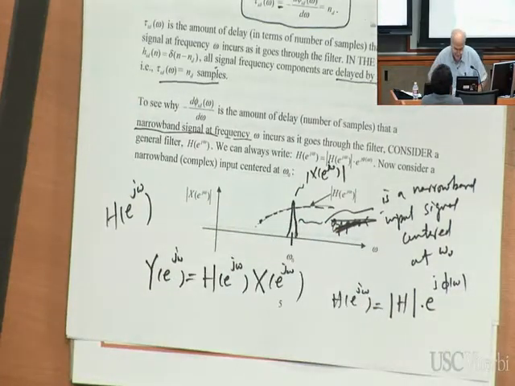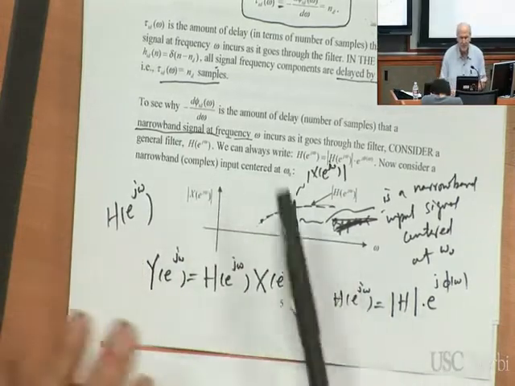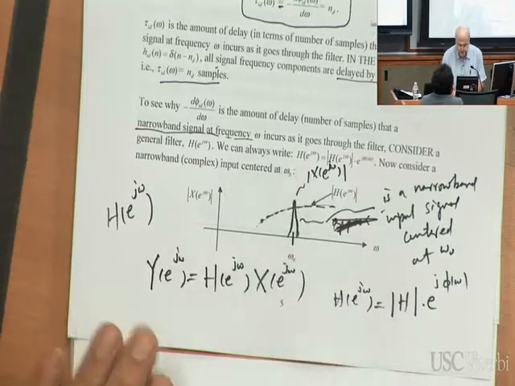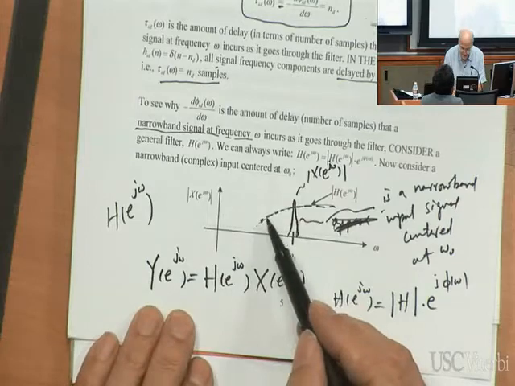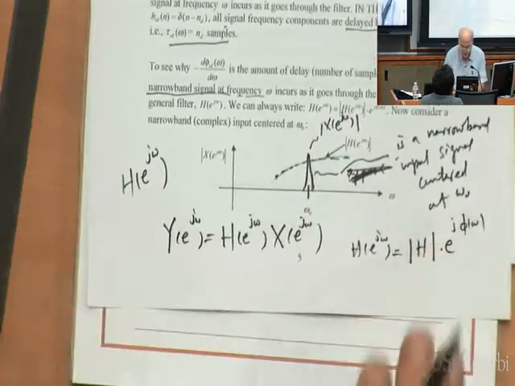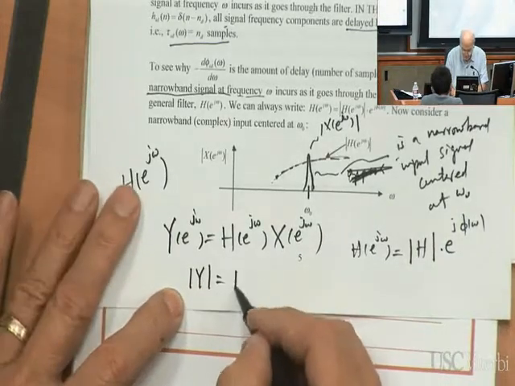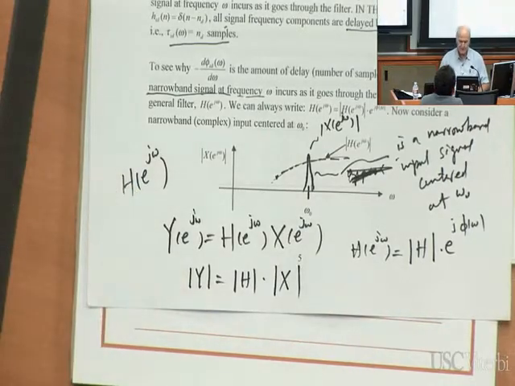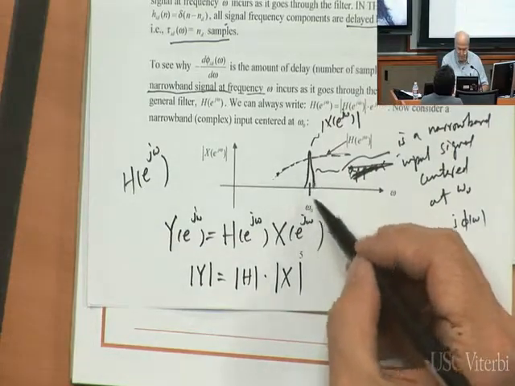Now consider a narrowband, for now we'll assume complex, signal input centered at omega naught. That's the plot, and this again is a sketch of what the magnitude of H should be. And we know that the magnitude of Y is equal to the magnitude of H times the magnitude of X. So basically you would take this and multiply it by this.